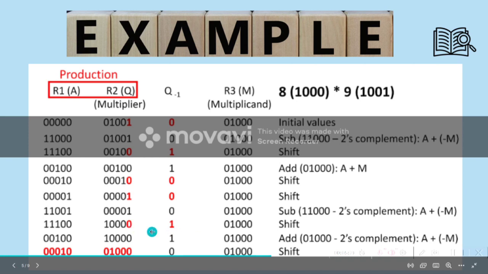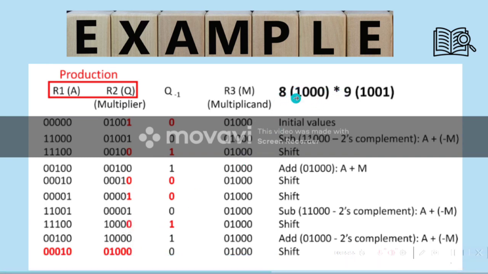So now the next step is A equal to A plus M. So the next operation is performed into this line. Again, we see the digits are 0 and 1, and so we have performed the arithmetic shift right operation into the last line, and the answer that we get by combining the whole accumulator column and the multiplier column, that is 1001000, is the answer for 8 into 9.